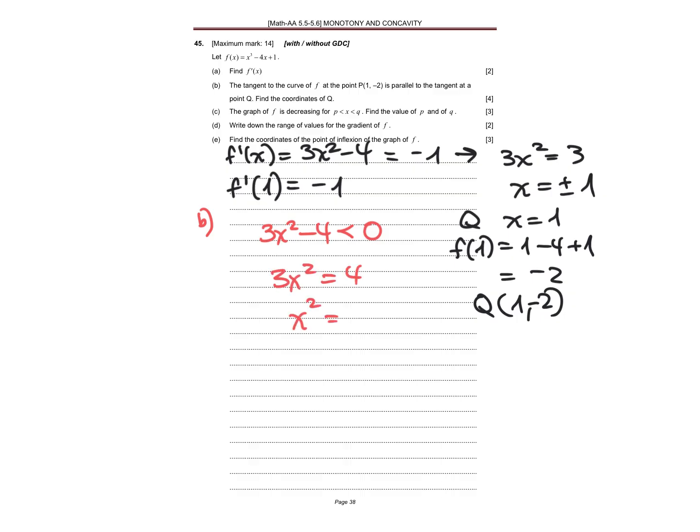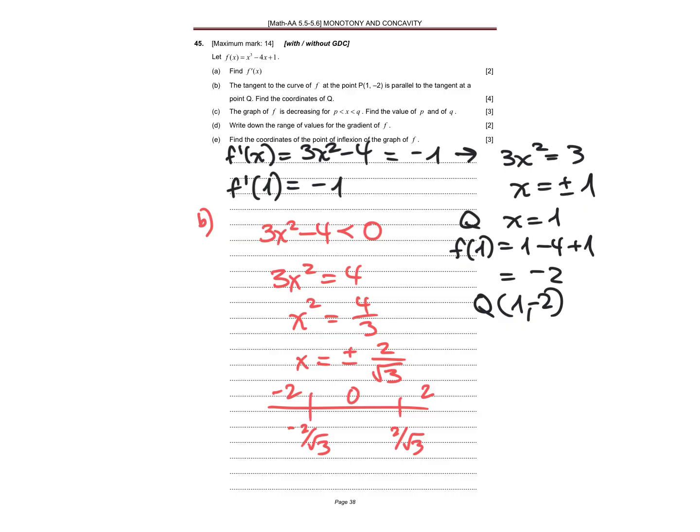So x squared equals 4 over 3. And then we have plus or minus the square root of 4, which is 2 over root 3. Okay, so we have negative 2 over root 3. We have 2 over root 3. And then we can check 0. And we can check 2 and negative 2 because 2 over root 3 is 1.15-ish.